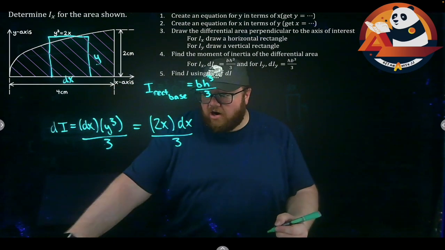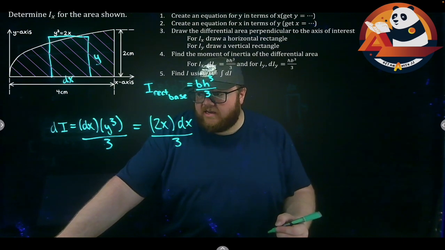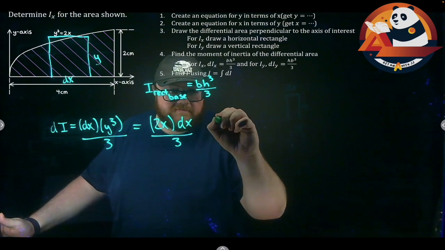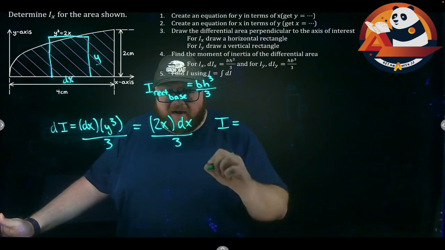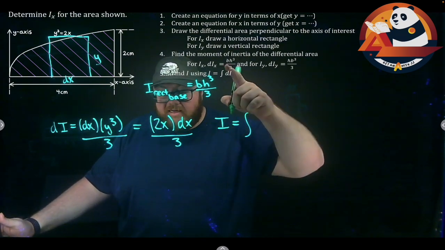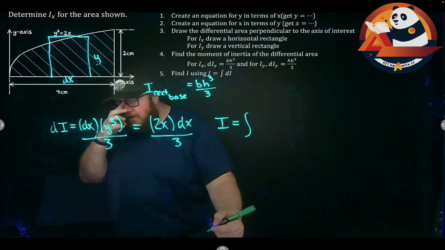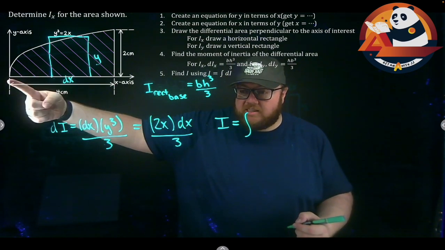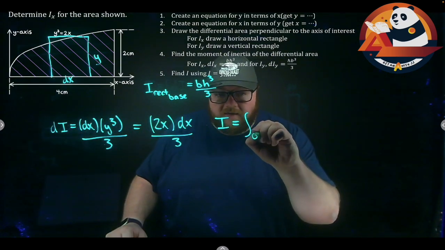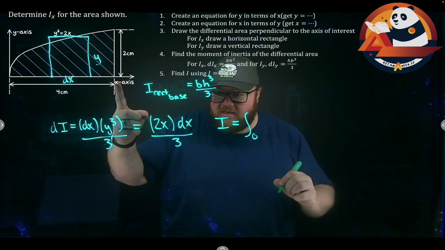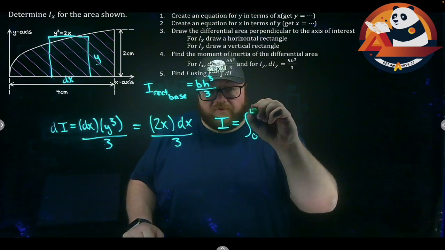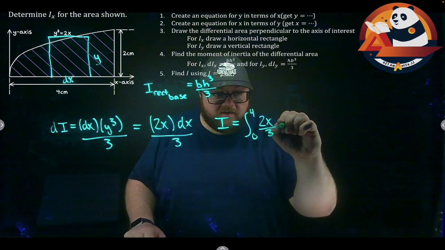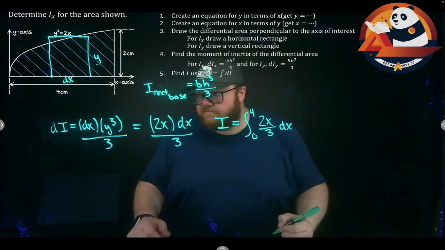And really, all I have to do then is come in and integrate that. My moment of inertia, I, should be my integral of dI. And I'm going to go from my smallest point. This is a dx, so I want to go from my smallest x, 0, out to my largest x, 4. 0 to 4 of 2x over 3 times dx.